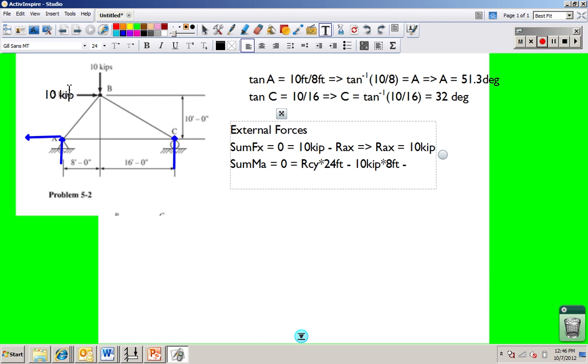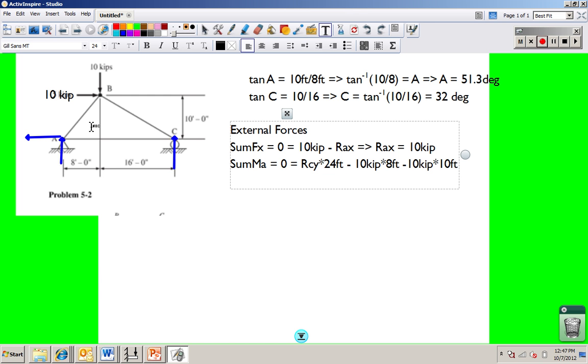Alright, the other one's also going to cause a negative moment. It's going to tend to cause a clockwise rotation, but its distance is going to be this 10 feet, so it would be minus 10 kip times 10 feet.